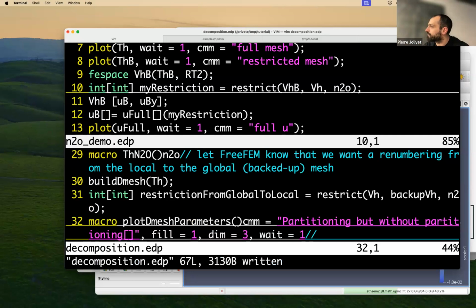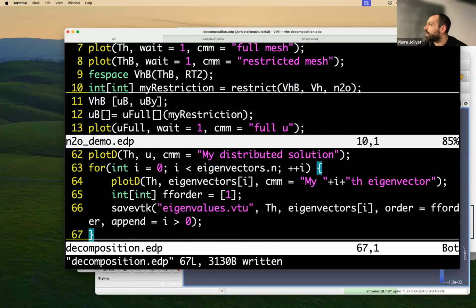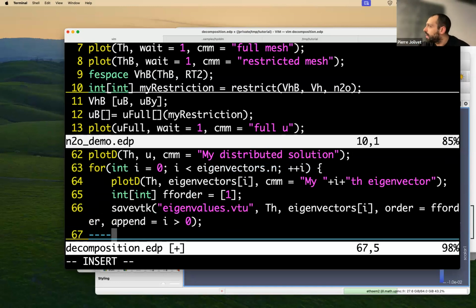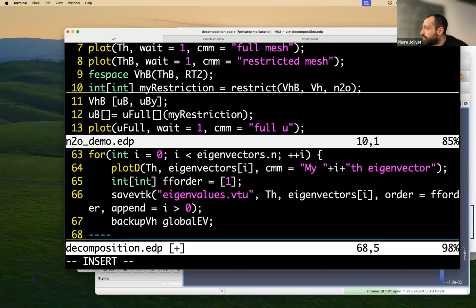And so now we go down to the bottom, and we just do VH, backup VH global EV.